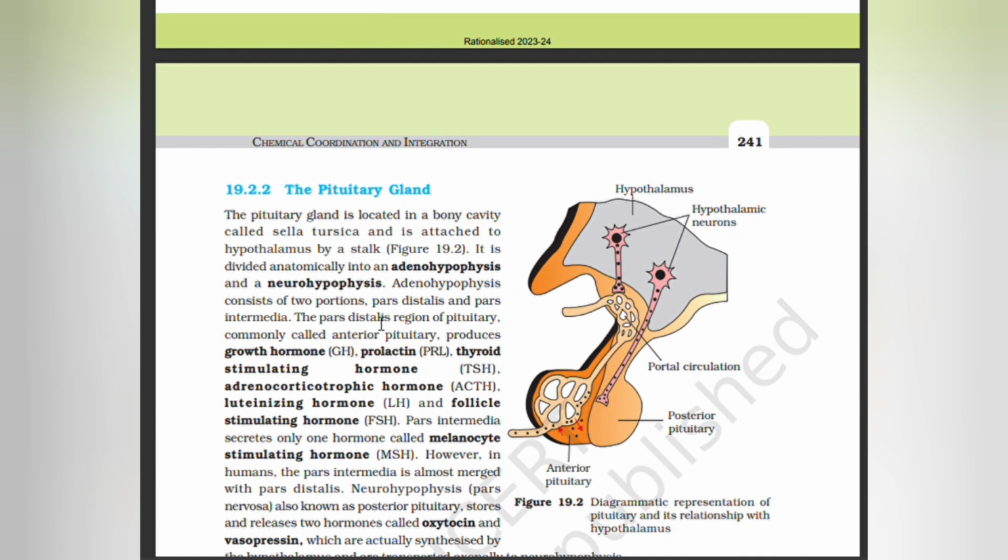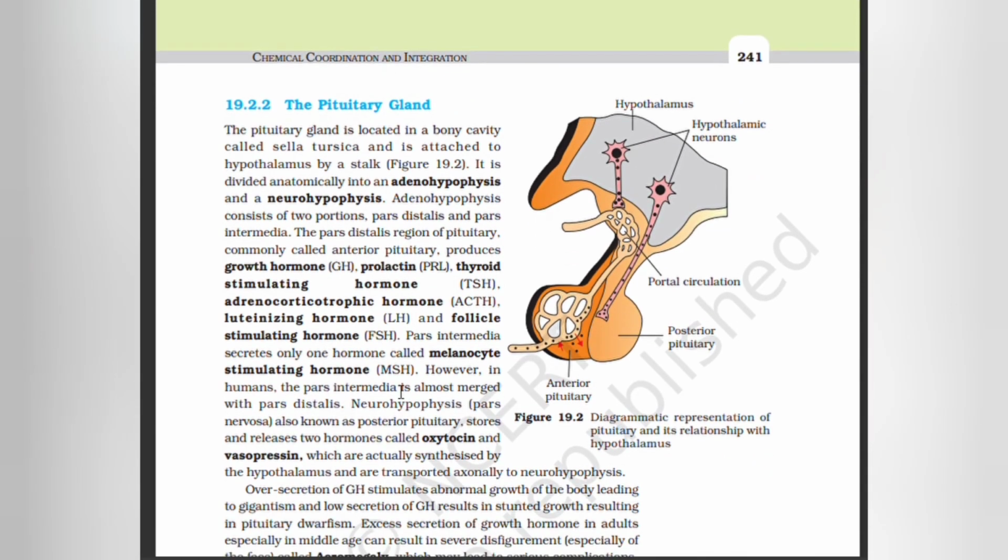The pars distalis region of the pituitary, commonly called the anterior pituitary, produces growth hormone, prolactin, thyroid stimulating hormone, adrenocorticotropic hormone, luteinizing hormone and follicle stimulating hormone. Pars intermedia secretes only one hormone called melanocyte stimulating hormone. However, in humans, the pars intermedia is almost merged with the pars distalis.